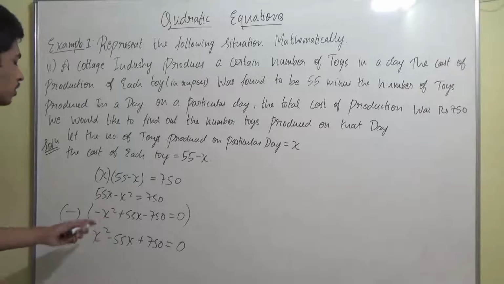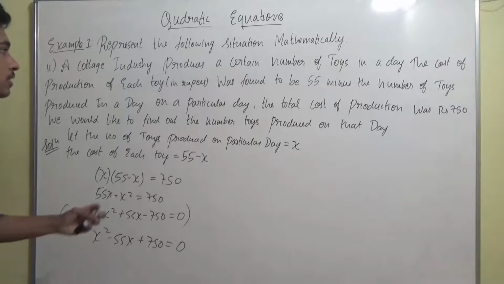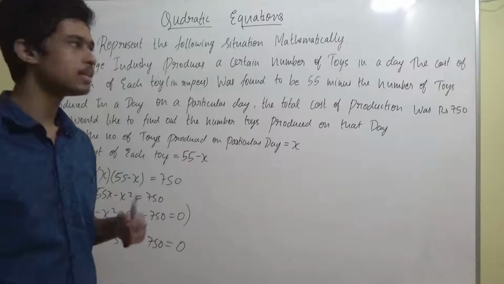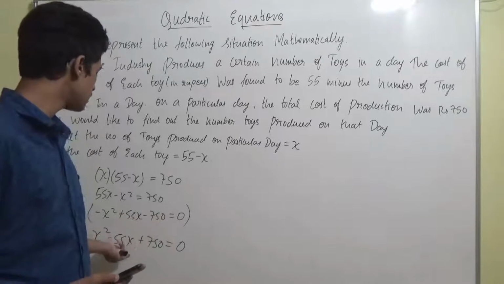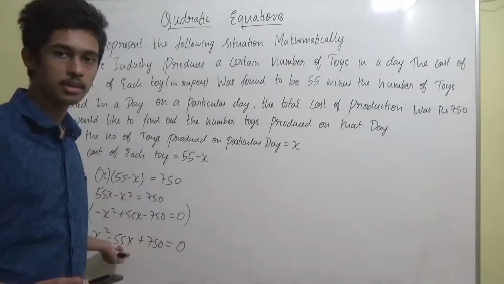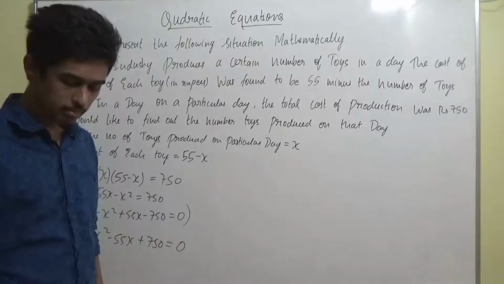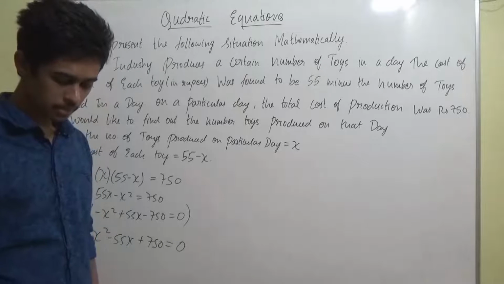But the thing is that we have not seen all the methods, I guess. I think in polynomials you didn't study; last year you have studied this, right? Splitting the middle term and factorizing and getting the value of x. If you do that, you'll get the value of x, but in your example they have not done that, right?